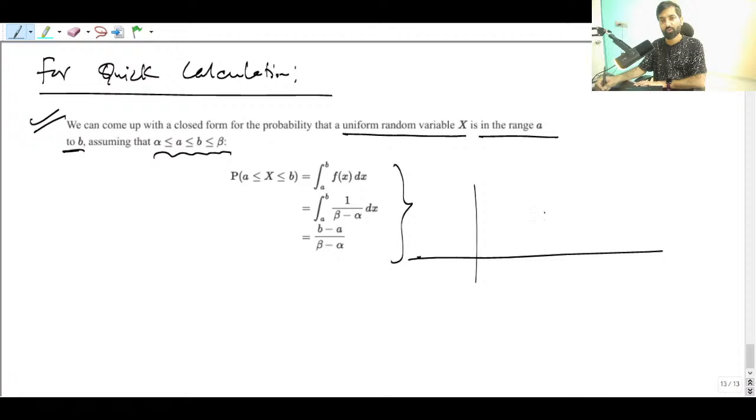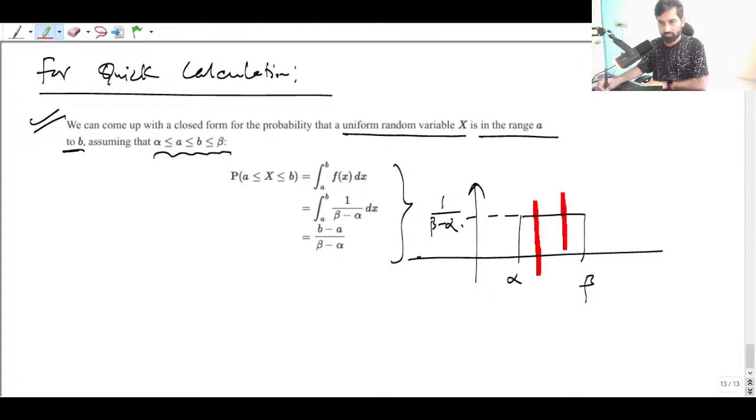मतलब आप समझ जाओ. So this is alpha, this is beta, right? And the height is 1 by beta minus alpha. And you have to find the probability between what? ठीक है, आपको यहाँ पर probability निकालना है. This is A and this is B. ये probability निकालना है. तो इसका distance कितना है सर? B minus A. And height कितना है सर?